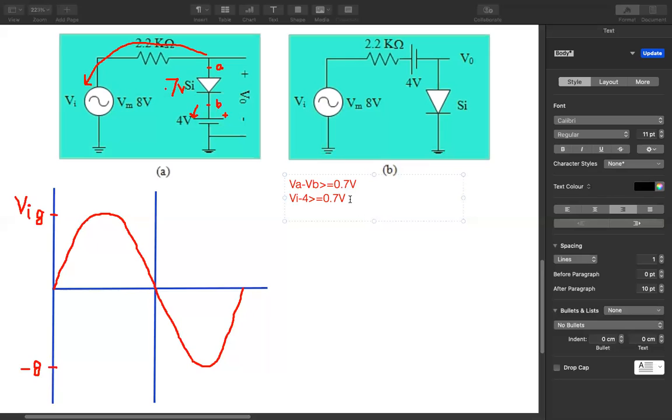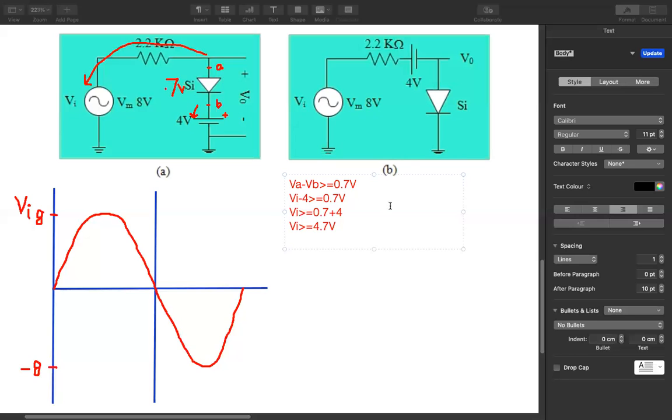Okay, now simply solve this, that Vi should be greater than or equal to 0.7 plus 4, or Vi should be greater than or equal to 4.7 volts.